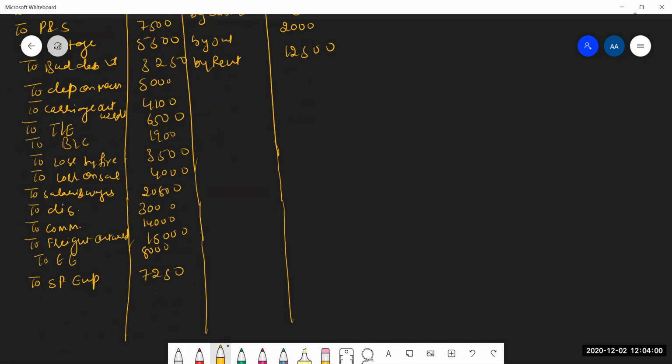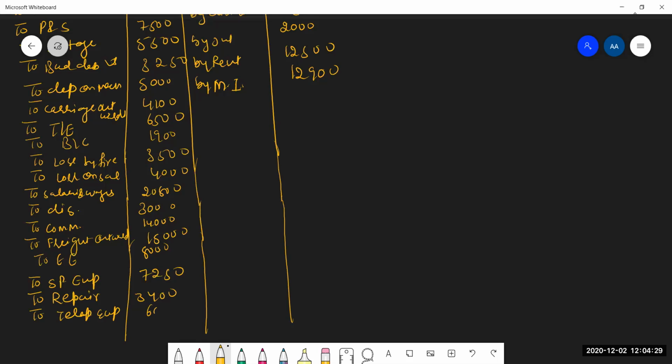Then miscellaneous income. It is income, so it will be written on the credit side. Miscellaneous income, it is 12,900. Then repairs and maintenance. That is an expense, to repairs and maintenance, which is 3,400. Then telephone expenses. It is also an expense. Telephone expenses, which is 6,000.